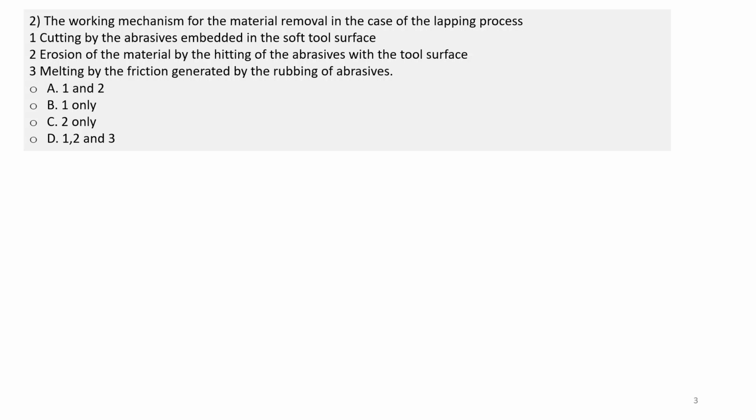Your options are 1 and 2, 1 only, 2 only, or 1, 2, 3, all these statements. So which statements are correct you have to find out. In case of lapping process, 1 and 2 will be correct answers.